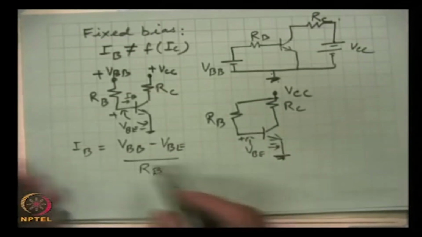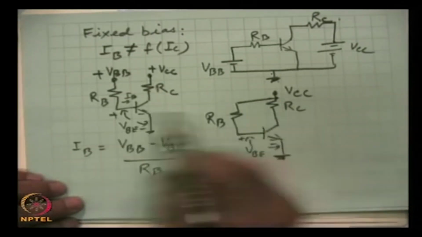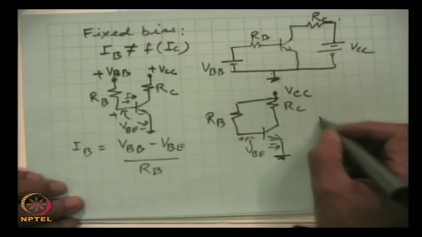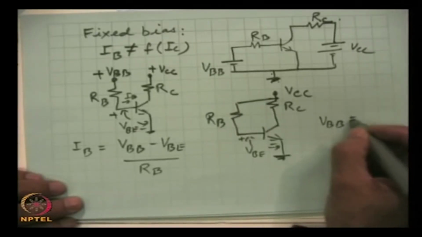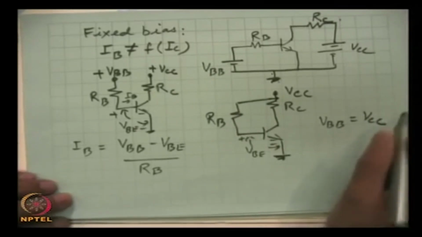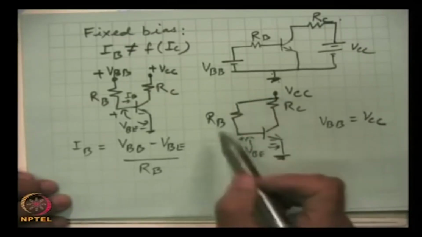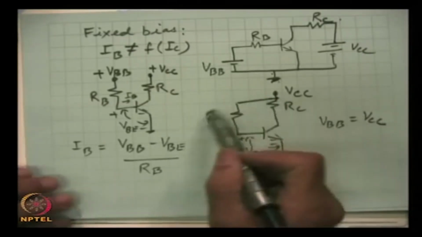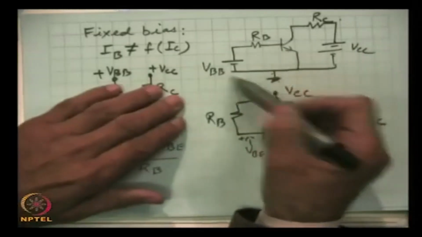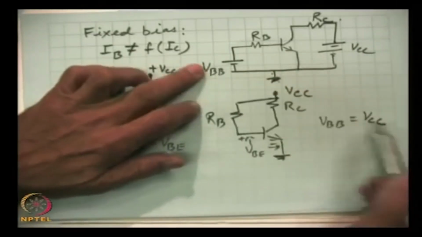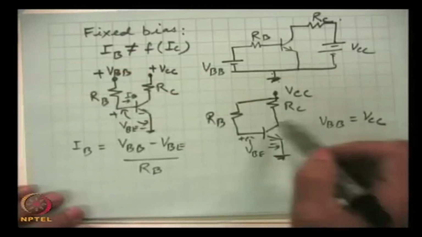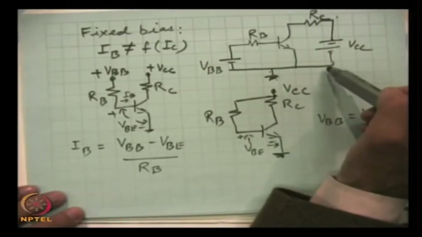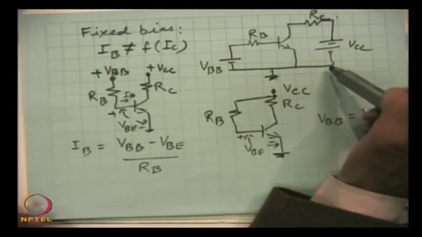The only difference between the two is that here VBB is equal to VCC. So, this is the way circuits are drawn. For the input side, we can make a circuit like this where VBB is equal to VCC, and on the output side we can make a circuit if some calculations have to be made.